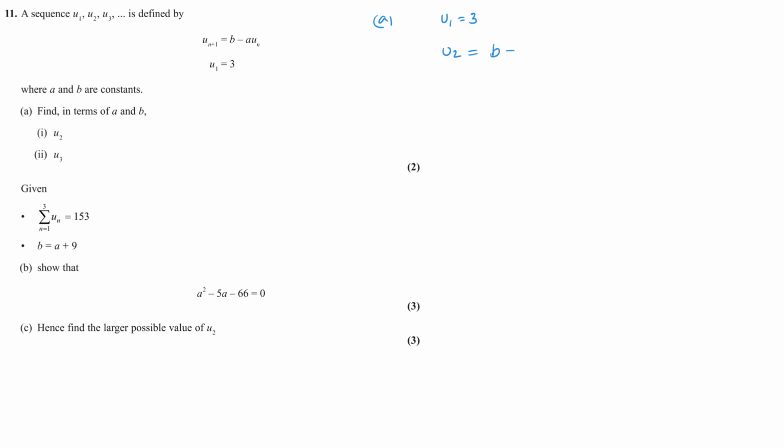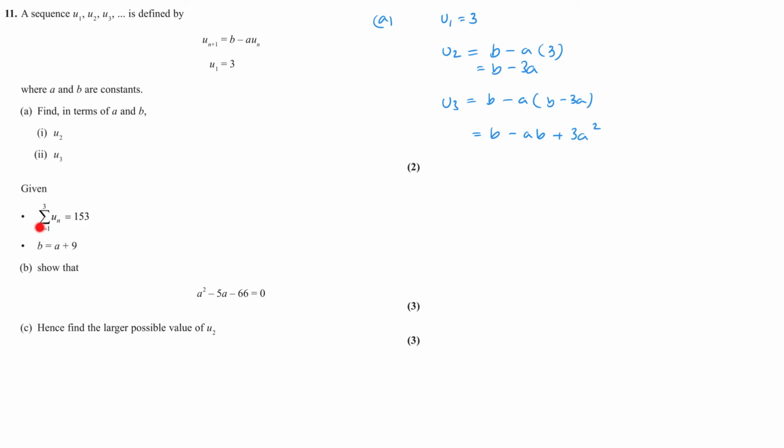So B minus A times U1, which is B minus 3A. And U3 will be B minus A U2. So that's B minus AB plus 3A squared.